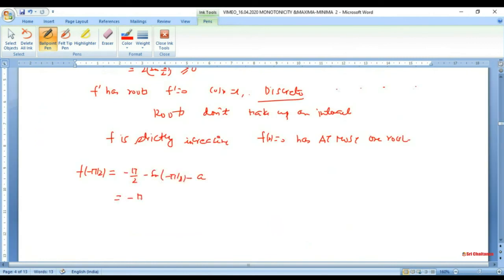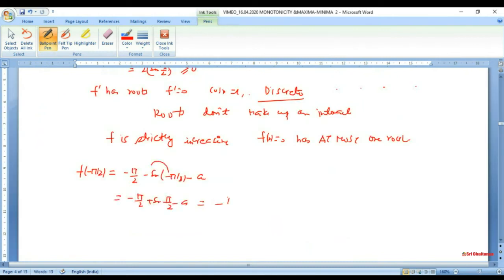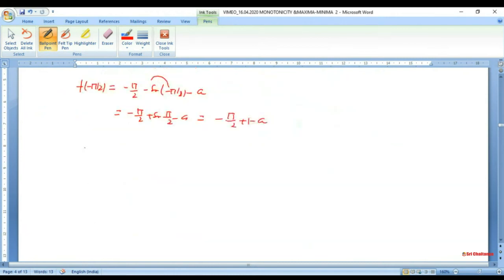This minus comes outside, so plus sine pi over 2, that is minus 1, minus a. So minus pi over 2 plus 1 minus a. And f of pi over 2 is pi over 2 minus sine of pi over 2, and then minus a. This number is pi by 2 minus 1 minus a.